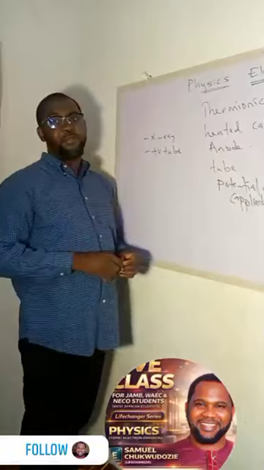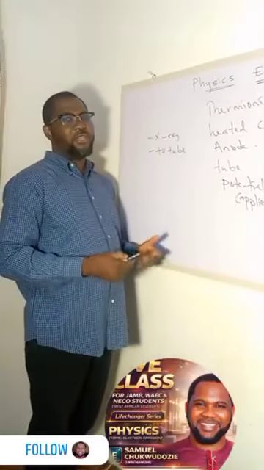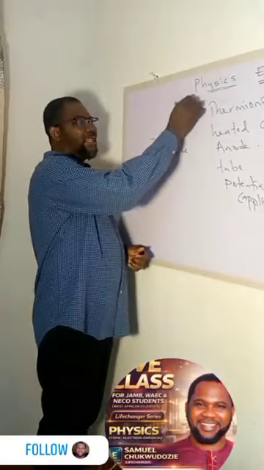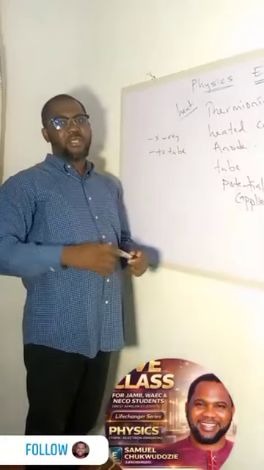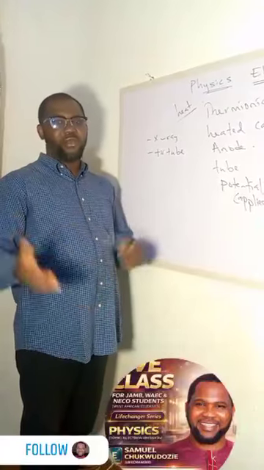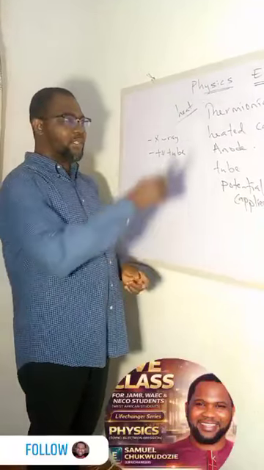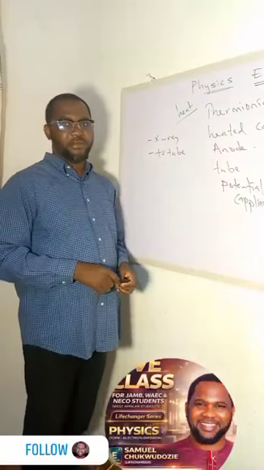The only disadvantage of thermionic emission is that you need heat. And that is the disadvantage. That's the reason why a whole lot of technology has been discovered in order to cover for that lapse.